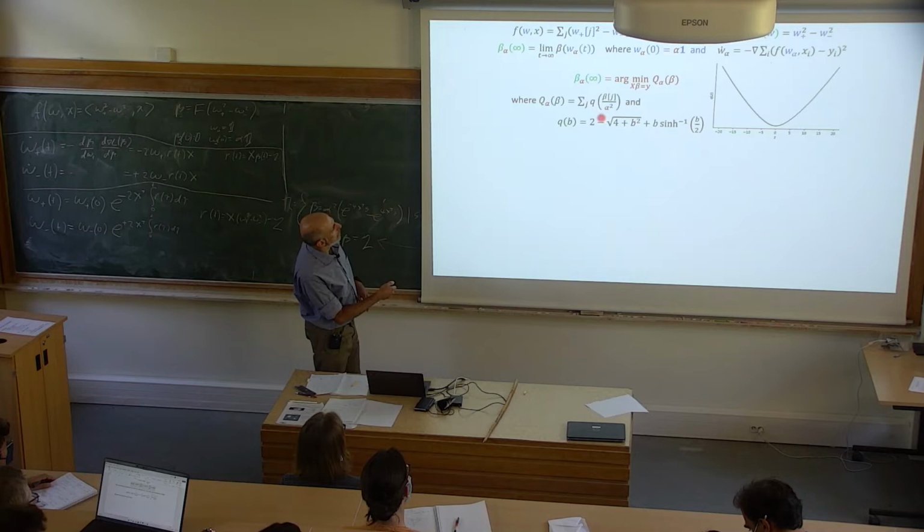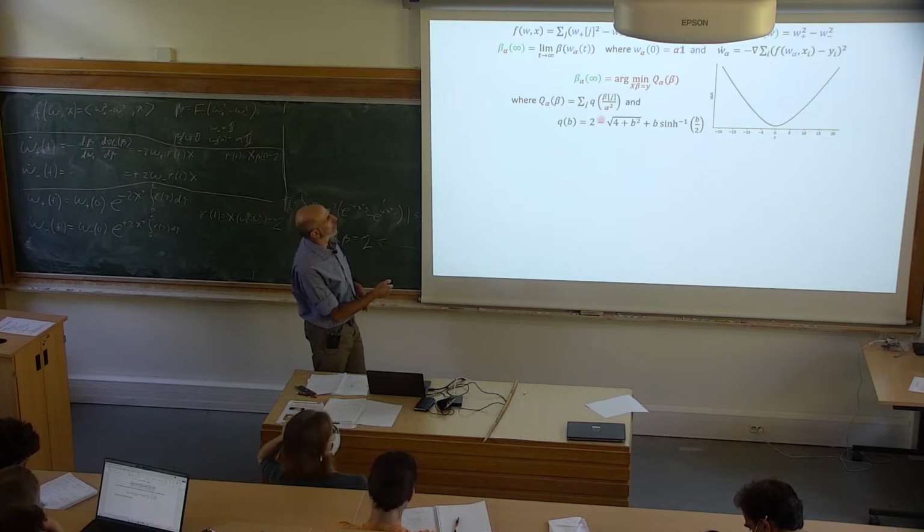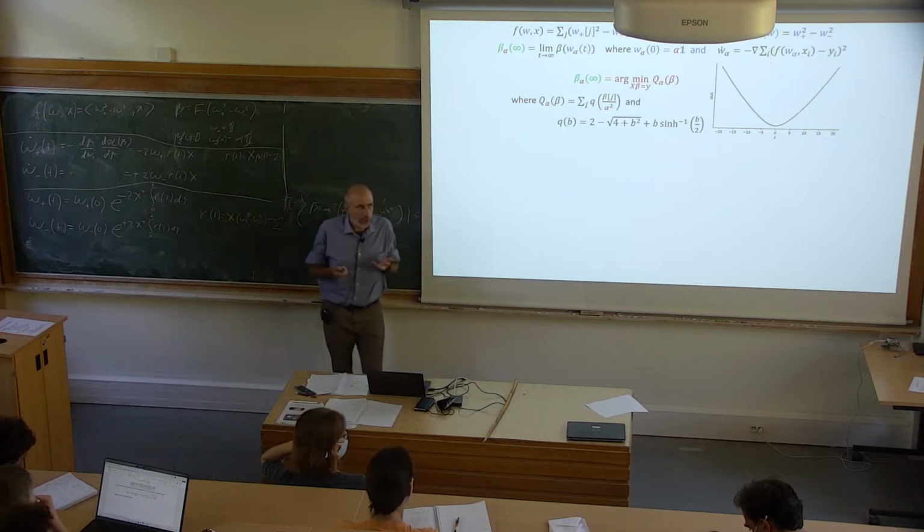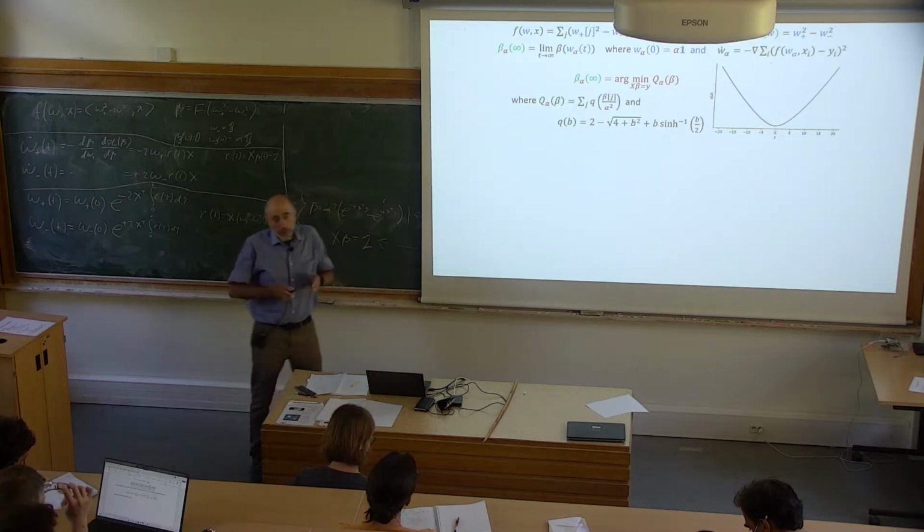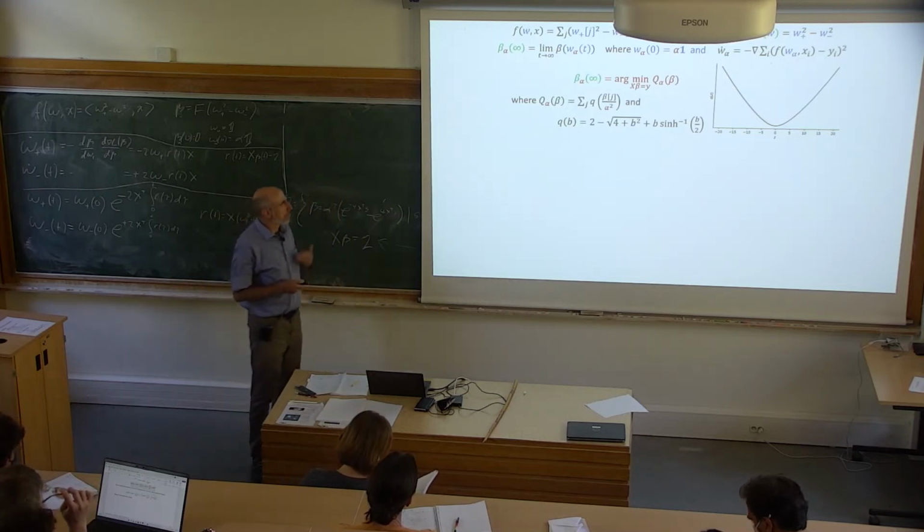Note that everything there scales with alpha, so you can just write it as a sum over the coordinates of Q applied to the coordinate divided by alpha squared. So how does this function look? I have a closed form for it, but what can I say?